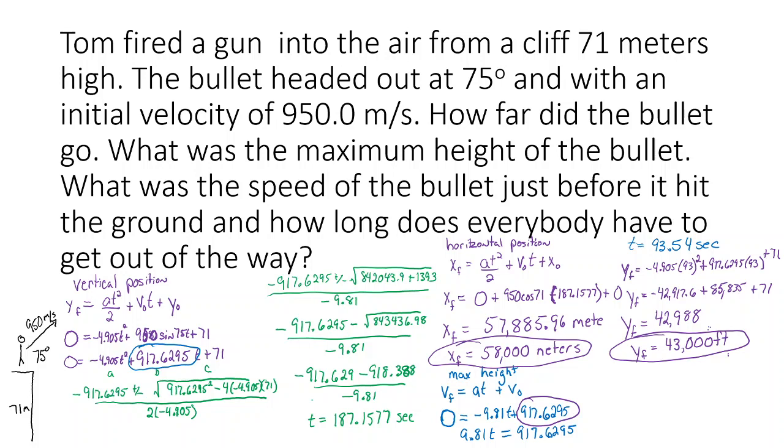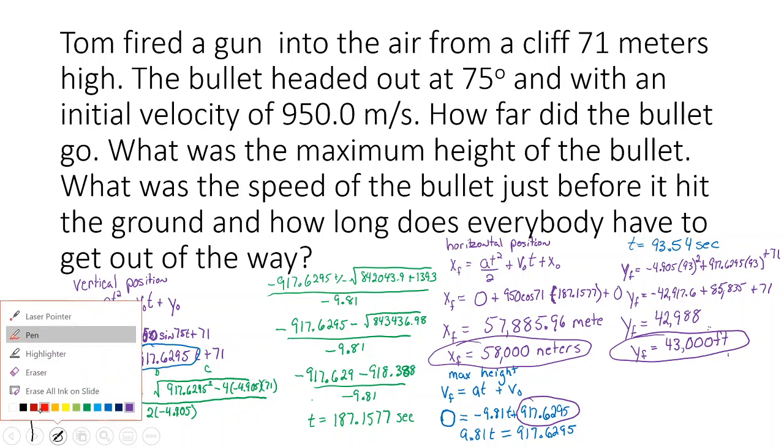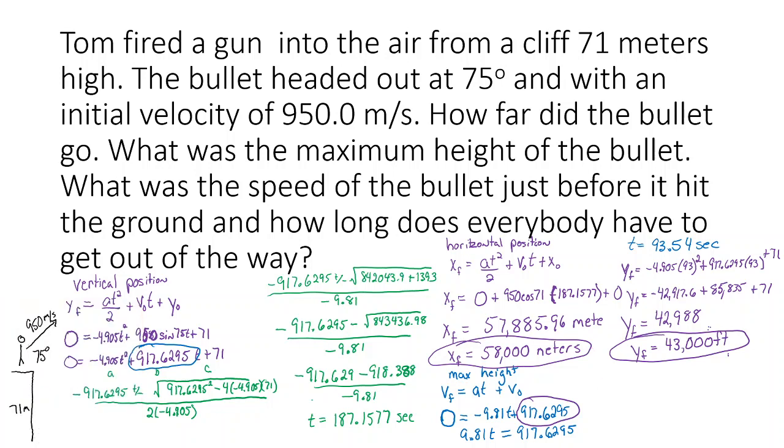And the last one: how fast is the bullet going? What's the speed of the bullet just before it hits the ground? Let's use the motion equation one more time, and let's talk about the velocity in the y direction as it falls.